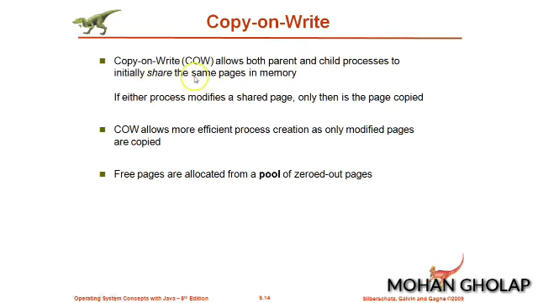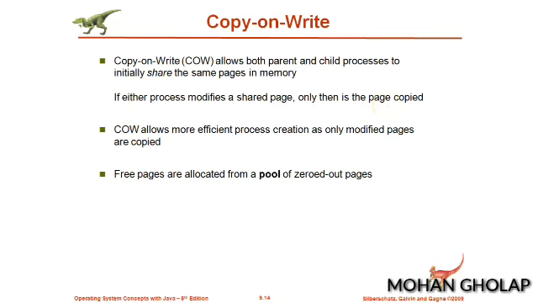That means a new copy of the parent's pages will not be created until a particular condition. What is that condition? If either process modifies a shared page, only then is the page copied.